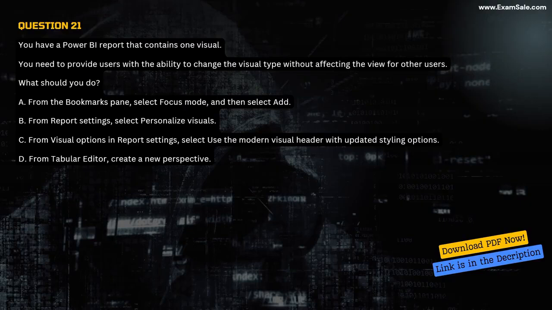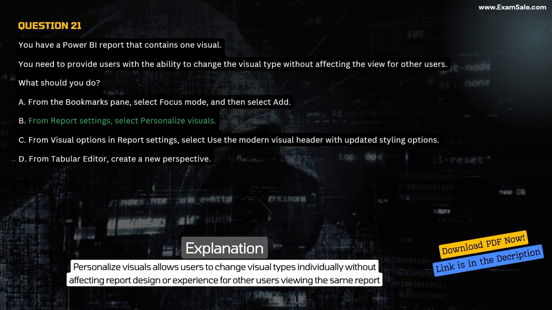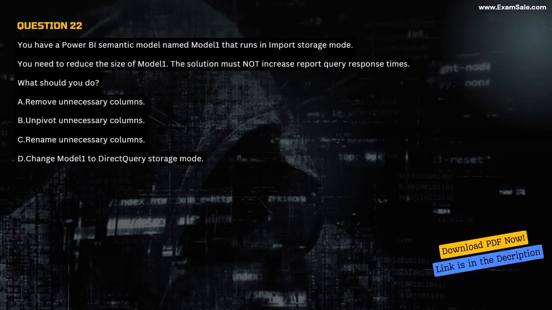D. From Tabular Editor, create a new perspective. Correct answer B. From Report Settings, select Personalize Visuals. Explanation. Personalize Visuals allows users to change visual types individually without affecting report design or experience for other users viewing the same report.